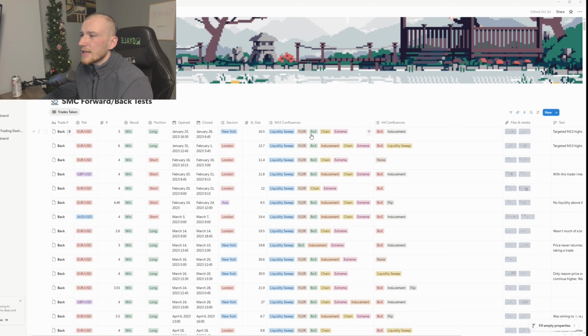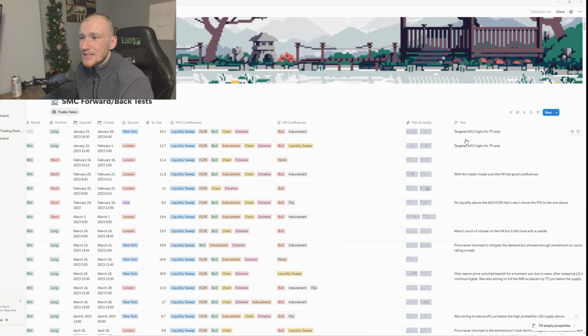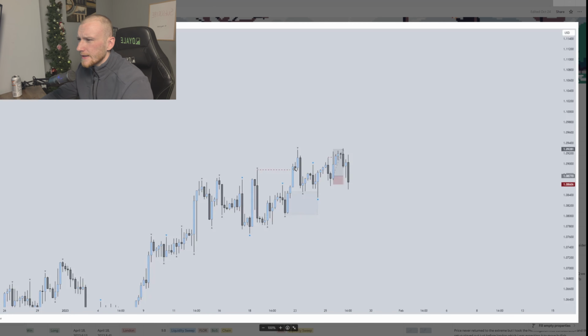So we've got liquidity, floor, first level of respect, break of structure, change, extreme. Stop loss size, quite similar to what I've got right now, to be honest, which is nice to see. We have a break of structure, expansion higher, pull back into this leg, which I was probably looking at as the last demand that expanded higher and took out the break, which is sort of correct, but for me now, it would probably be this candle, as that slightly swept liquidity there, sell side liquidity.